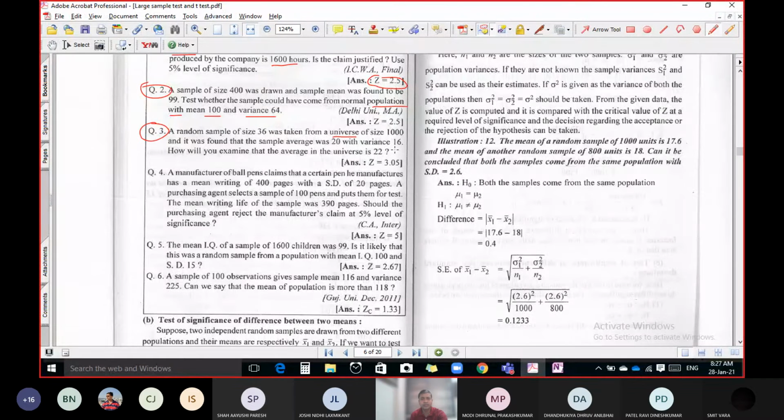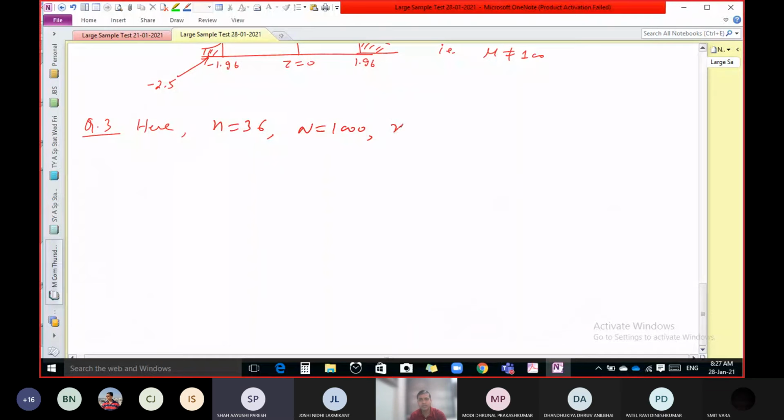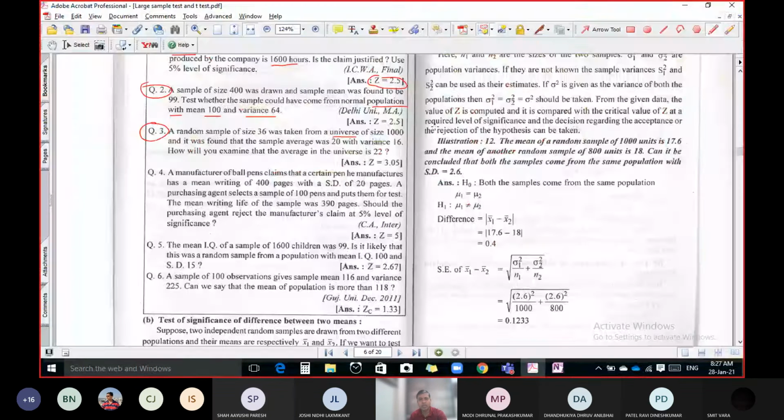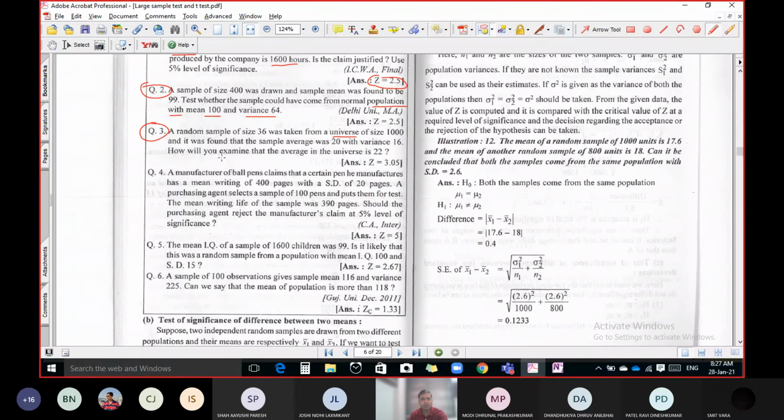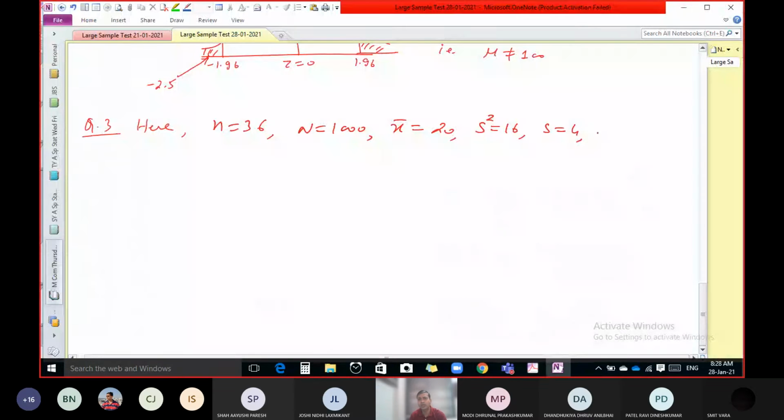And what is 16? S square. Correct. So x bar is 20 and s square is 16. So we can say that s is 4. Average in universe means population average is 22, that we have to check. So our sample has average 20 and universe average is 22, that is the claim. Now we have to check whether the difference between these two is negligible or significant.